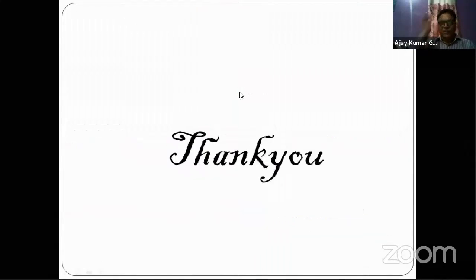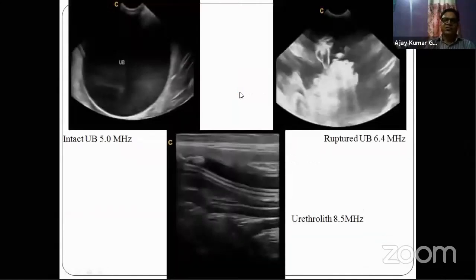In case of calves, as I told you, the urinary bladder can be scanned through the left or right paramedian site close to the pelvic inlet. You can see in this case, this is the intact urinary bladder which has produced acoustic enhancement.